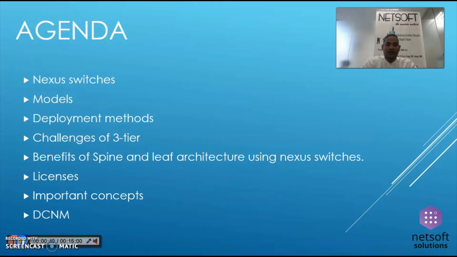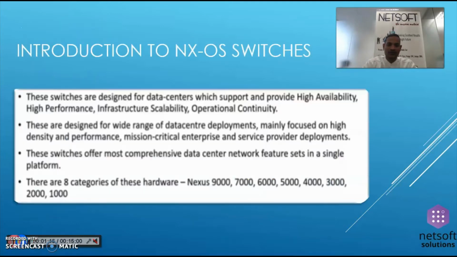What are the benefits of moving from the existing architecture to the new architecture, what licensing packages we have, and different concepts we have while considering spine and leaf architecture, and what management methods we are using to manage this spine and leaf architecture, as well as the latest Nexus models. So let's discuss all these topics one by one.